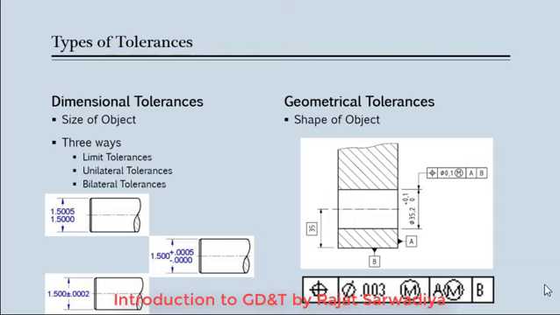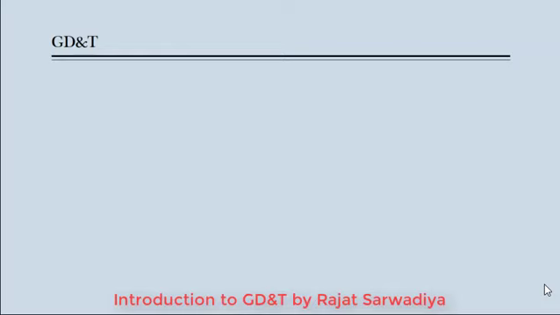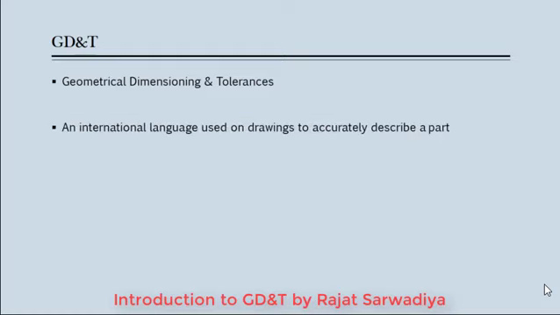So, so far we had discussed the background about the drawing and tolerances. Now let's focus on GD&T. The full form of GD&T is geometrical dimensioning and tolerancing, as we had discussed.